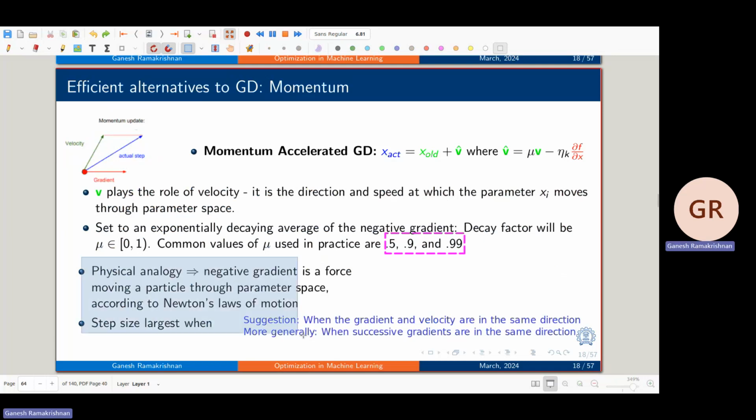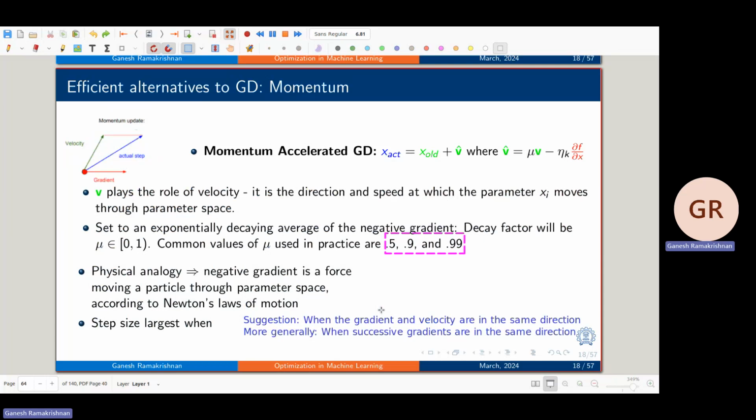So the physical analogy is that a negative gradient is basically a force moving a particle through parameter space. So there's a force, but there's also the inertia associated with the object. To move that particle, you need the force, but you also have to account for its existing trajectory.